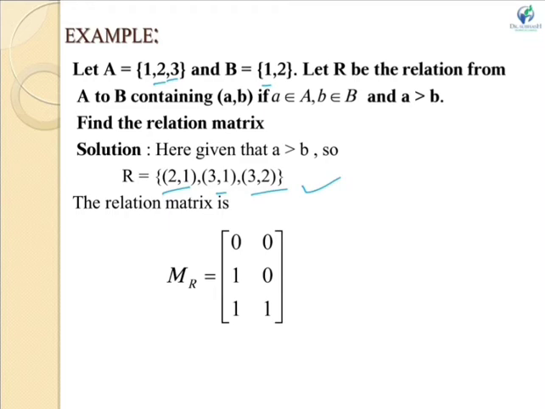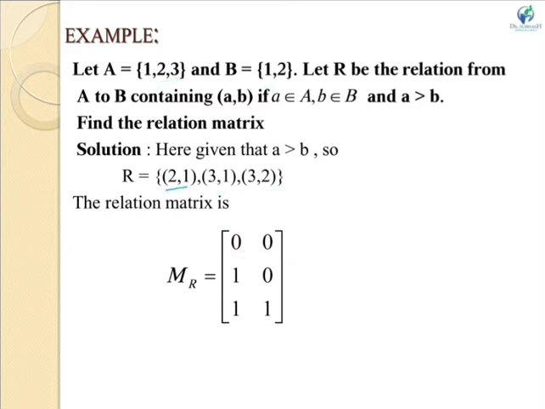Now we will represent this using the matrix. It is usually denoted by MR. Now see, this element is known as (1, 1) and there is no element (1, 1) in set R, so that will be 0. Next is (1, 2), that is also not in the set, so we keep 0. Next is (2, 1).